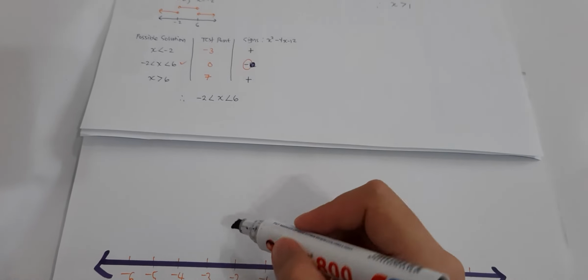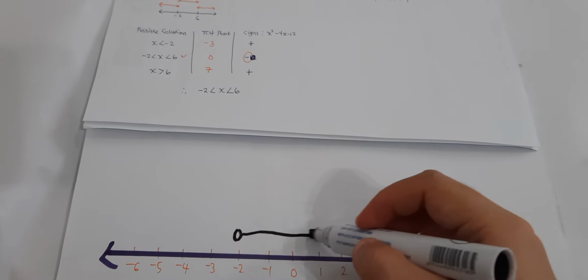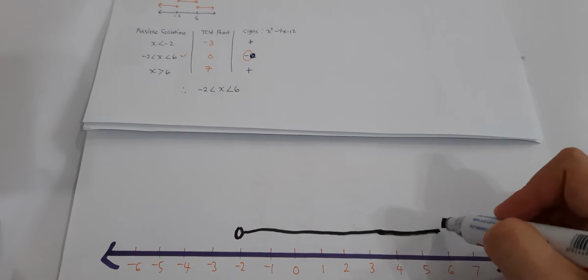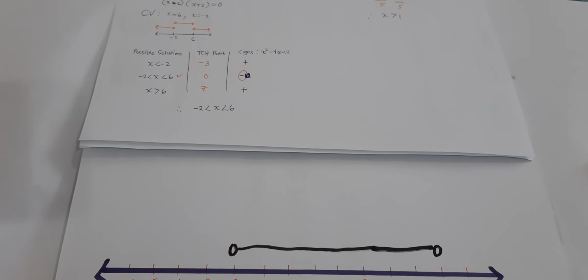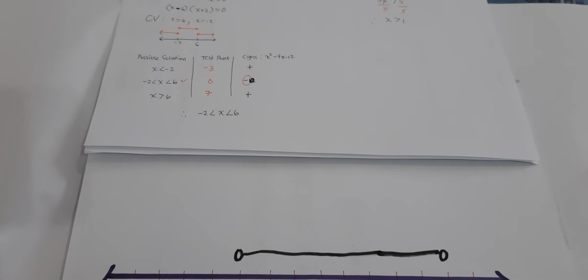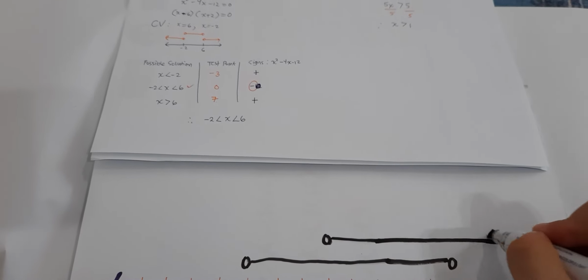Okay, we will draw the first one. Minus 2 to 6. So this is your first solution, -2 to 6. Your second solution is x greater than 1. So greater than 1, open, going to the right.